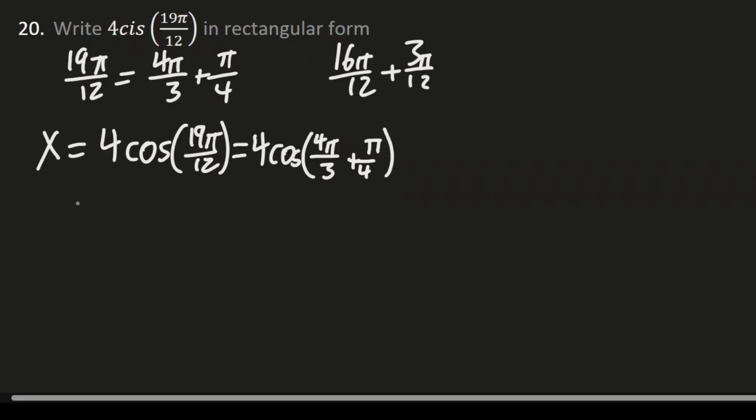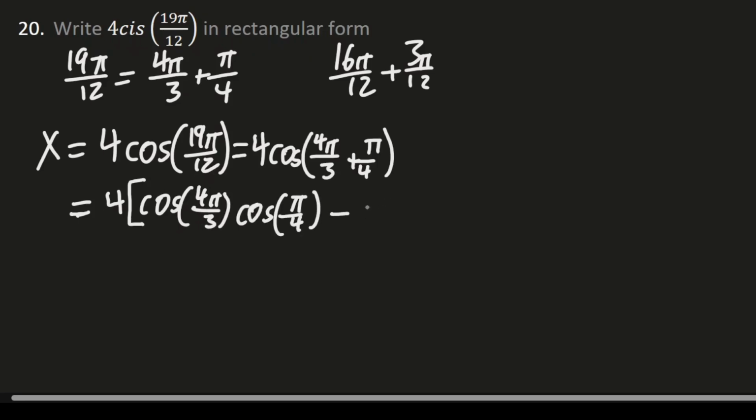And so we can use the cosine angle addition formula. Here we can rewrite this as 4 times cosine of 4 pi over 3 times cosine of pi over 4, subtracted by sine of 4 pi over 3 times sine of pi over 4.